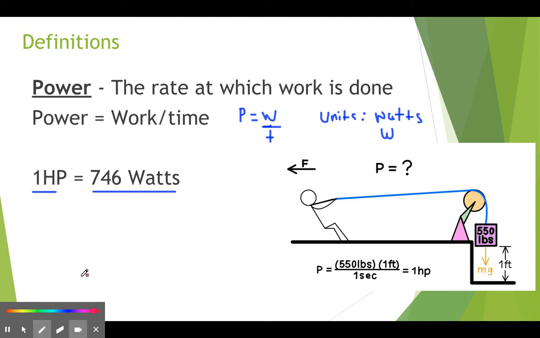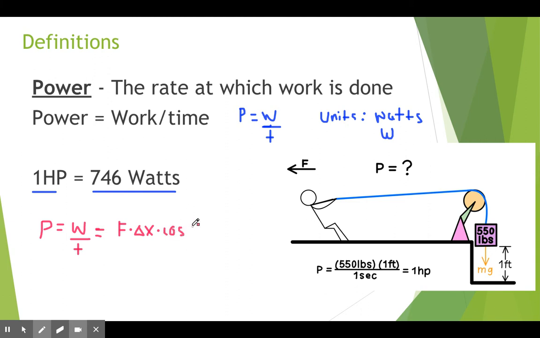An example, I think it's 18. We know what work is, right? So if we have this equation here, power equals work over time, we know that work is force times displacement, which we've been using lowercase d for, but it's also commonly known as delta x. So we have force dot displacement times the cosine of the angle, divided by time.